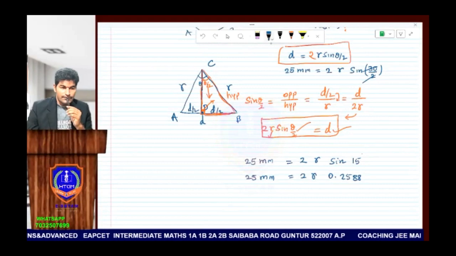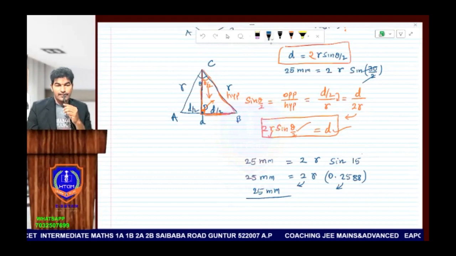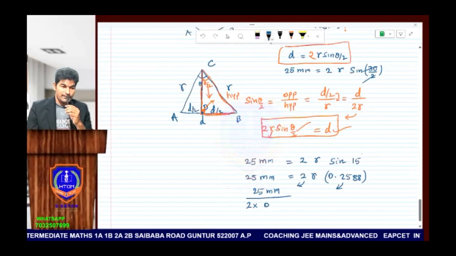Now what you do is, 25 millimeters divided by, you can move this 2 and also this sine value. On the right hand side, they are in multiplication, so if you move them to the left hand side, they should be in the denominator place.